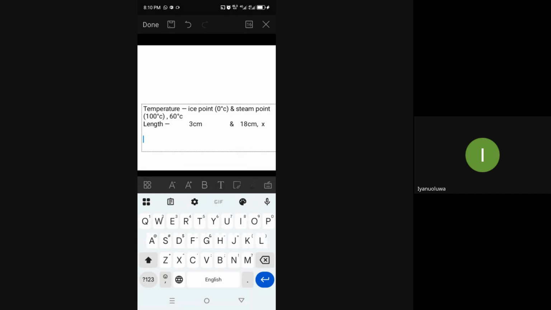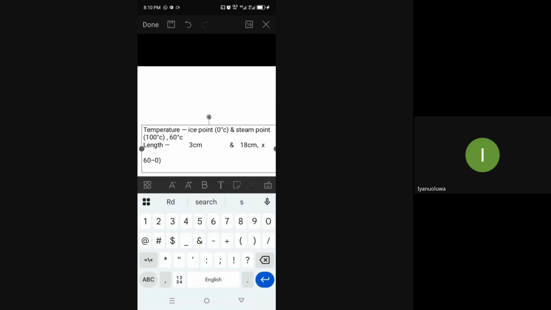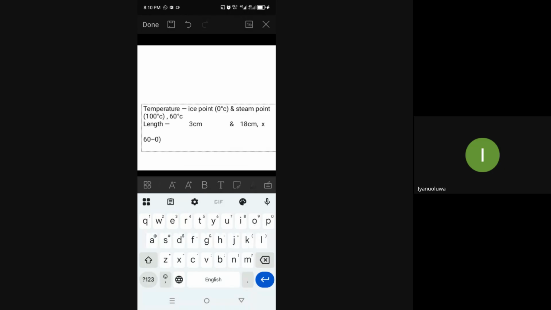So with respect to temperature, I can say my 60 minus 0, that's the temperature whose length we are looking for, minus the ice point in a bracket, over steam point minus ice point.